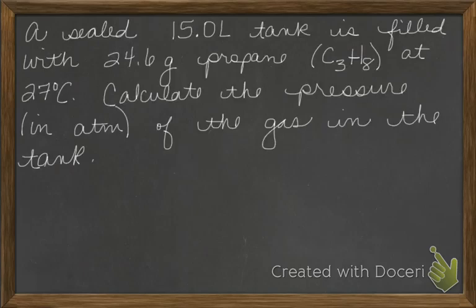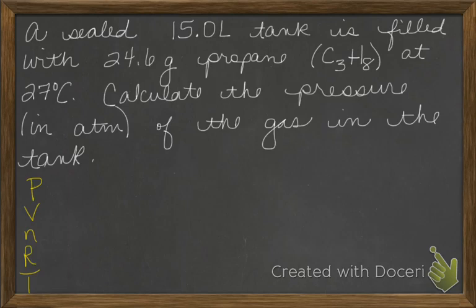If a sealed 15-liter tank is filled with 24.6 grams of propane at 27 degrees Celsius, calculate the pressure of the gas in the tank. So let's look at what we know. If we have our ideal gas equation, we know that we've got a pressure, volume, amount, the ideal gas constant, and T. So let's read through our problem and assign our numbers with what variable they go with.